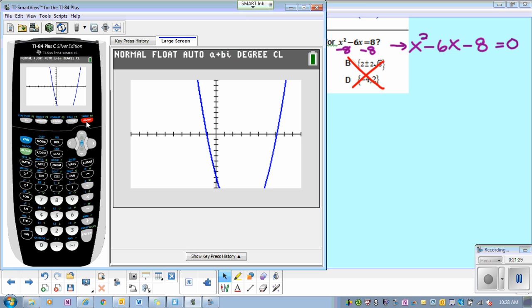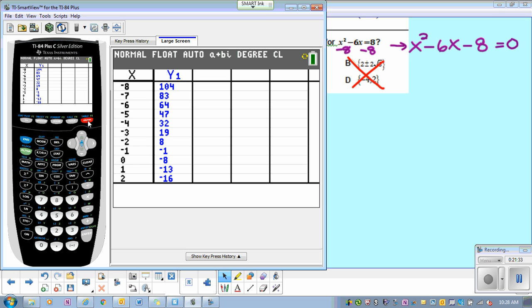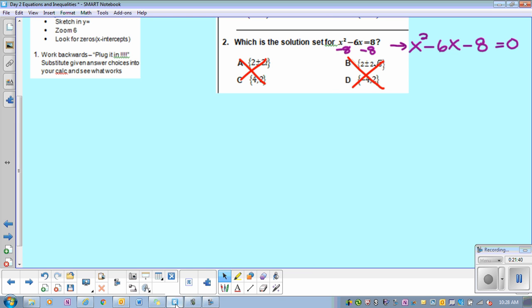Looks like -1, right? But that other one doesn't look good. Let me go and check my table. -1. Oh, is it a 0? No. So you know what this tells me? I can't just graph it. I actually have to do some work here. Okay? Doesn't look like I can factor it either, right? So that means I need to use the quadratic formula.